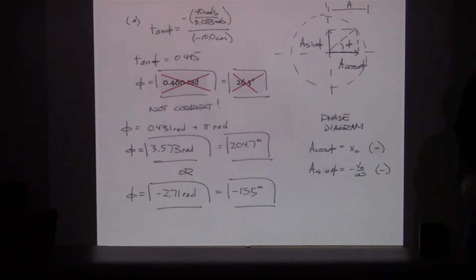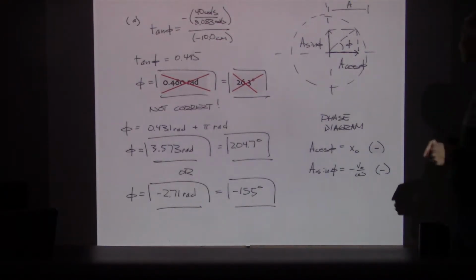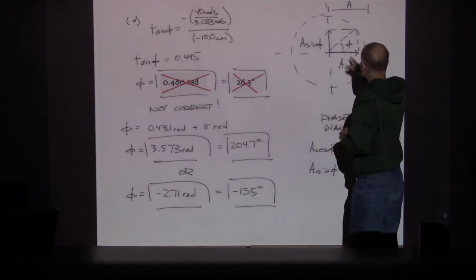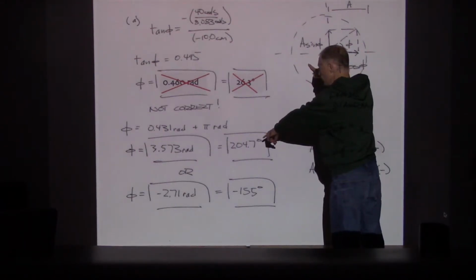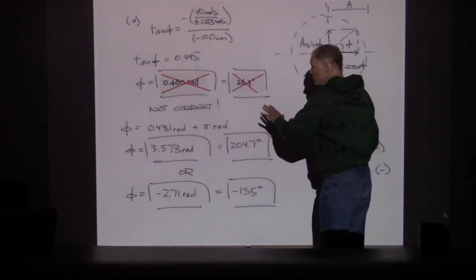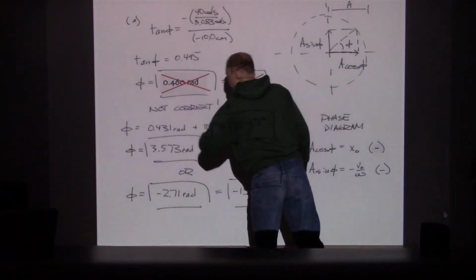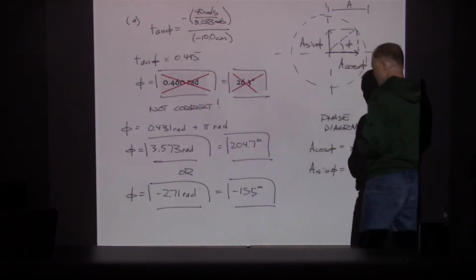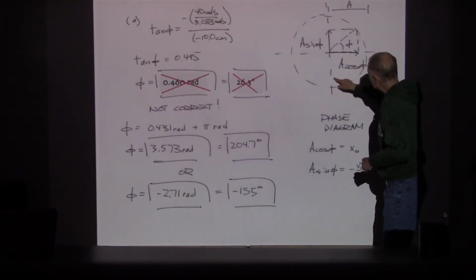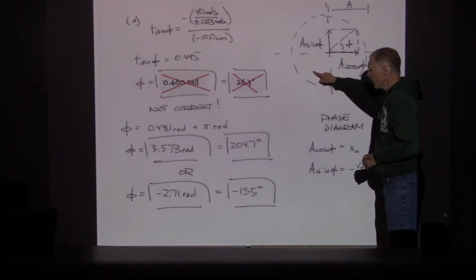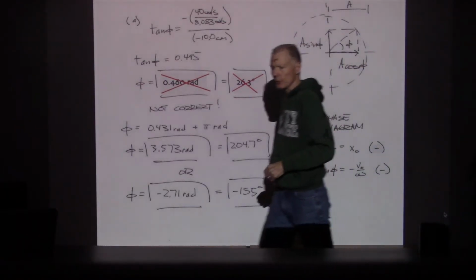So with cycles, we have to think in terms of one complete cycle, and the phase angle could be represented as a positive phase angle. In that case, it would be 205 degrees, or more correctly, 3.57 radians, because this is in radians. And then this would be minus 155 degrees.